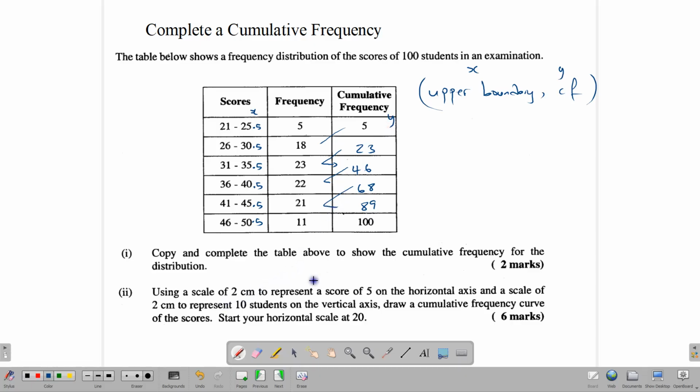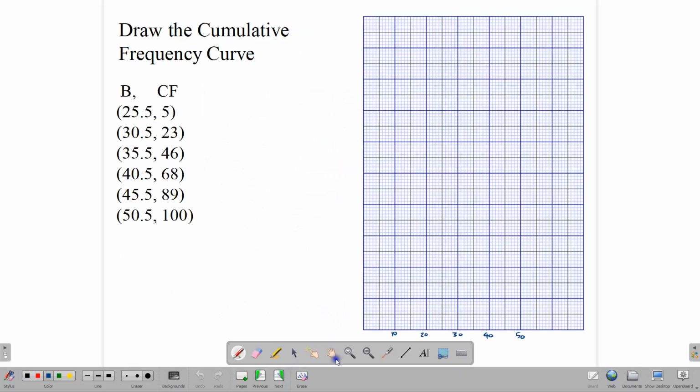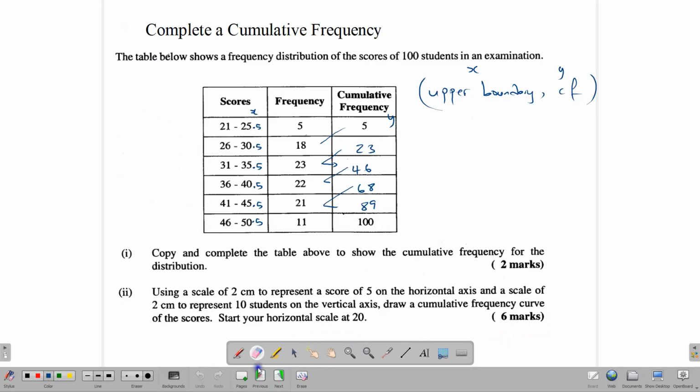All right, now let's look at our scale for our graph, 2 centimeters to 5 units on the horizontal and 2 centimeters to 10 units on the vertical. So 2 to 5 on the X, 2 to 10 on the Y. Let's look at our graph here. Now, let's go back and notice that our squares start at 20, 21 to 25.